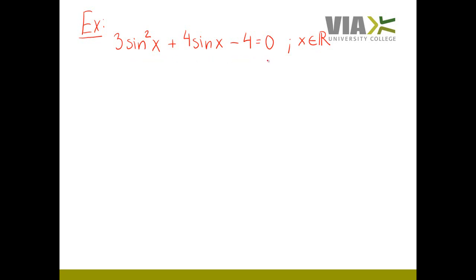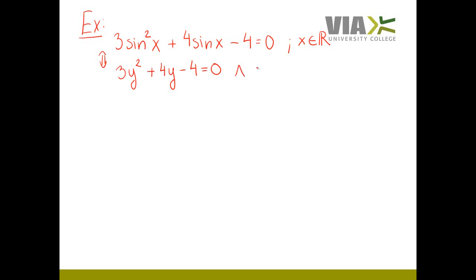Because if I substitute y to be equal to sine x, what will then happen? Let's try. I substitute y equal to sine x, so what do I have? I must have 3y squared plus 4y minus 4 equals 0.